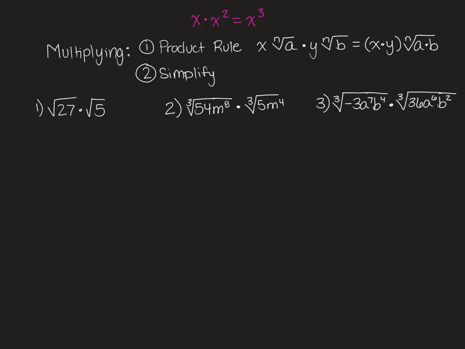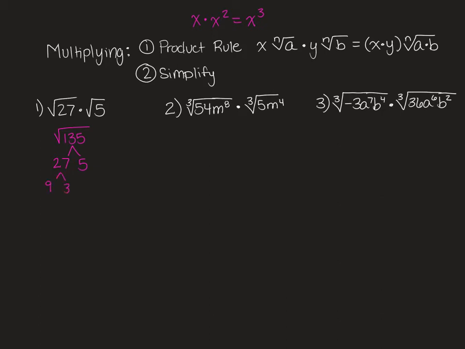Looking at number 1, we have square root of 27 times square root of 5, both square roots. That's good. We don't have any coefficients on the outside to multiply, so we multiply what's on the inside. 27 times 5 will give 135. Then you simplify. For 135, two numbers that multiply are 27 and 5.